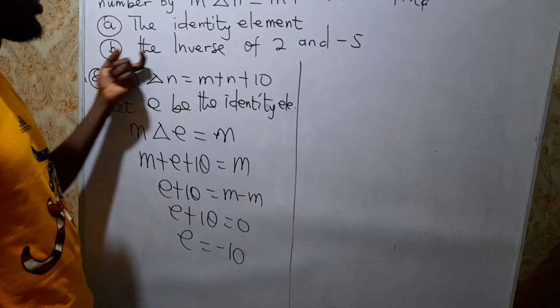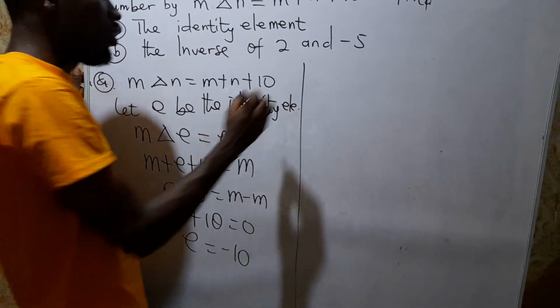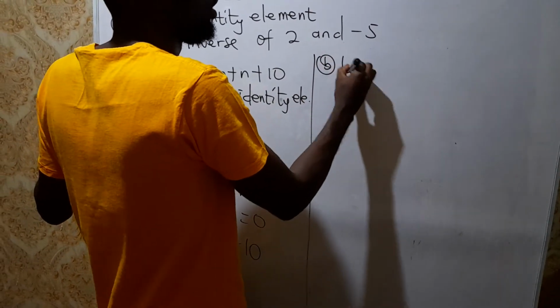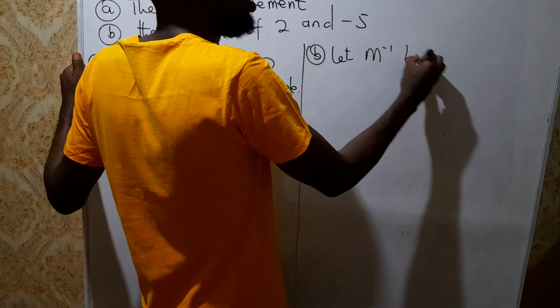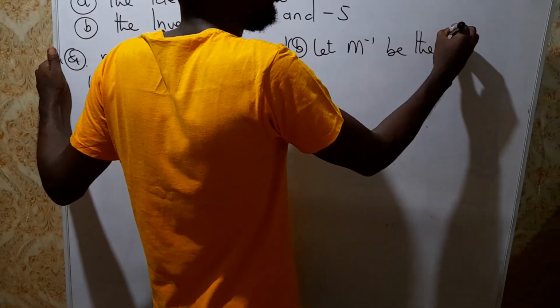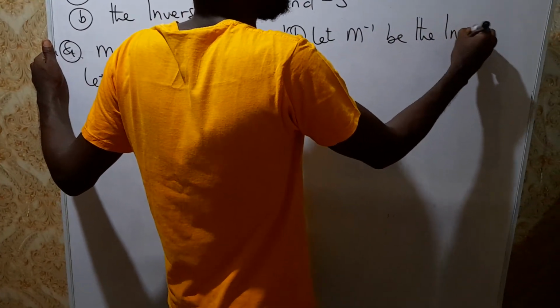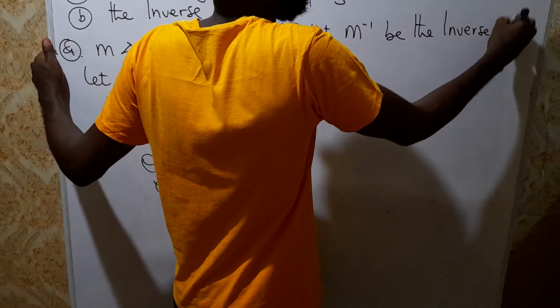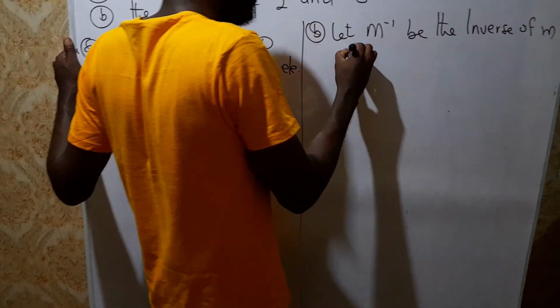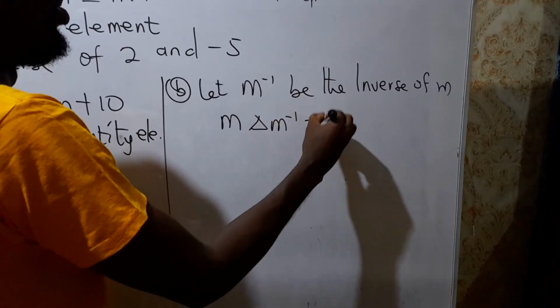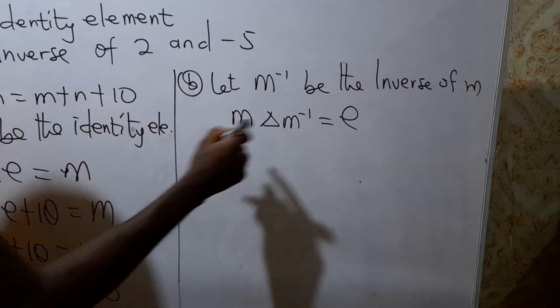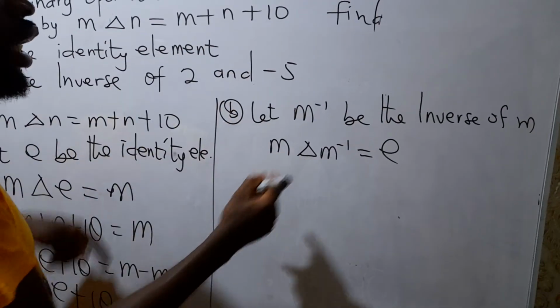Now we are asked to find the inverse of 2 and -5. So we let m exponent -1 be the inverse of m. Then we can say that m delta m inverse will give the identity element. So in place of n, we substitute the m inverse.